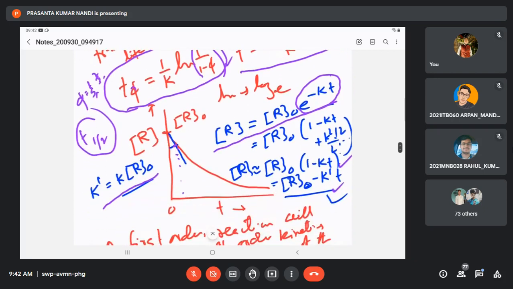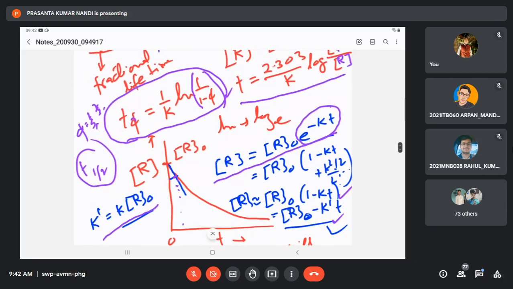Now, here I am discussing another question. Suppose we plot reactant concentration at any time R versus time t, then it follows this curve, right? It would be exponential in nature.